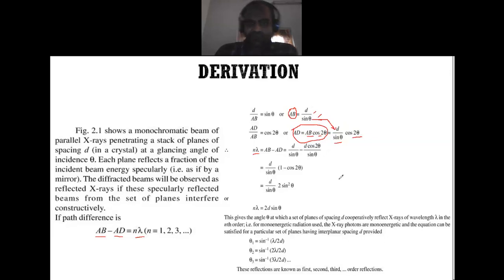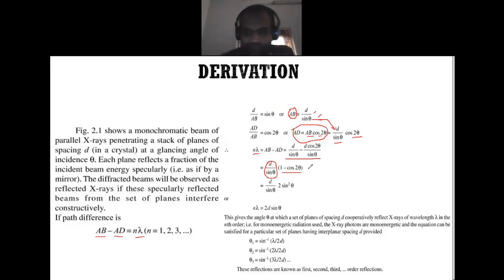From this expression, d by sine theta can be taken common. In the bracket we will have 1 minus cos twice theta. From trigonometry, 1 minus cos twice theta gives us twice sine square theta.